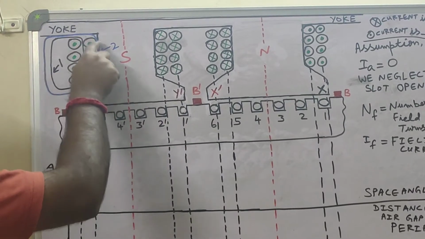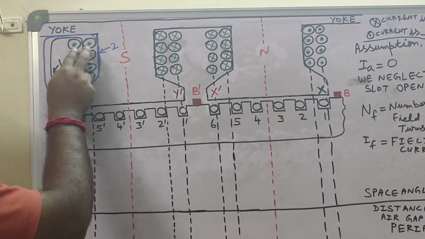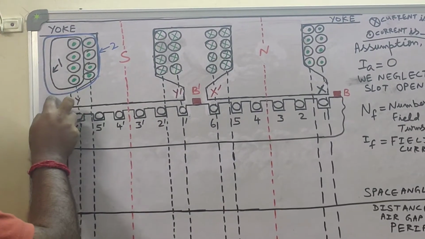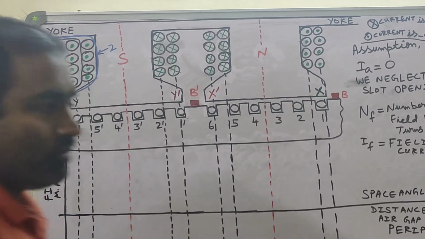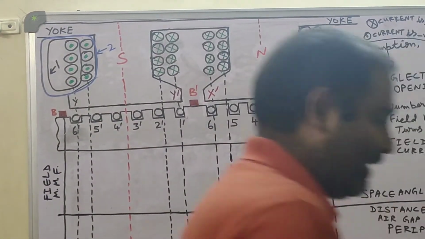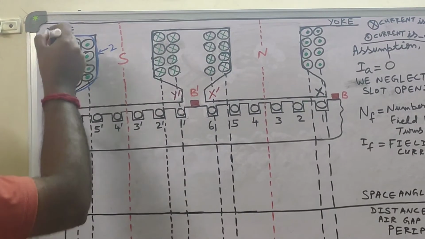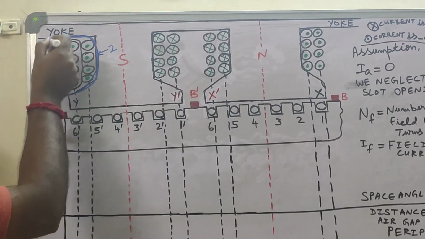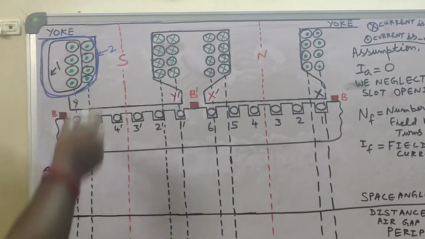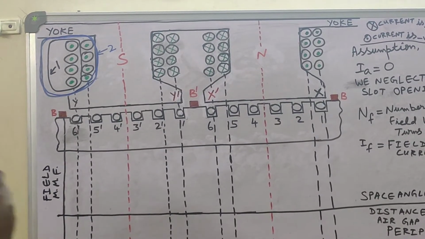And in path number 2, the number of conductors enclosed is NF and the current carried by each conductor is IF. So it is NF into IF. So in path number 2, current enclosed is NF into IF. But in path number 1, it is NF into IF by 2, since the number of conductors enclosed is NF by 2.